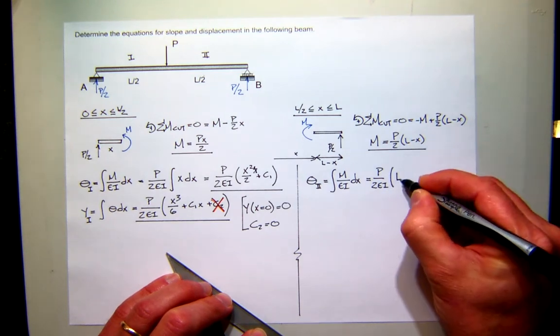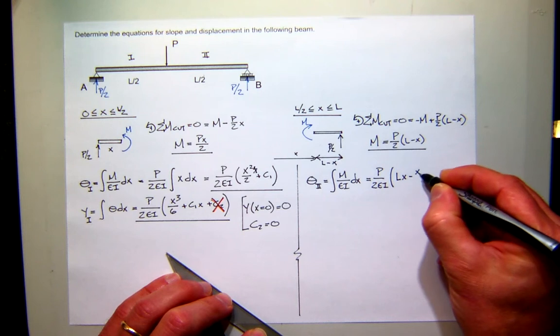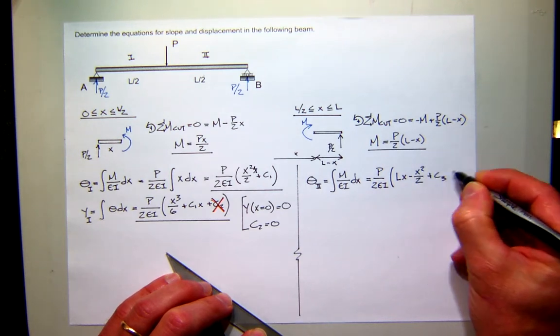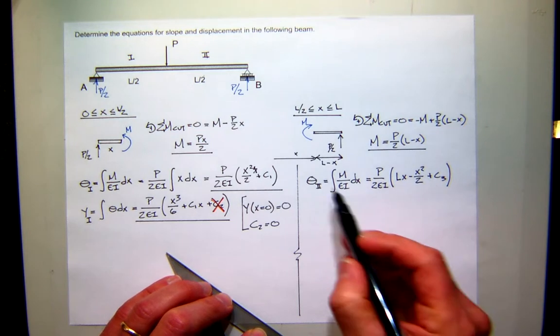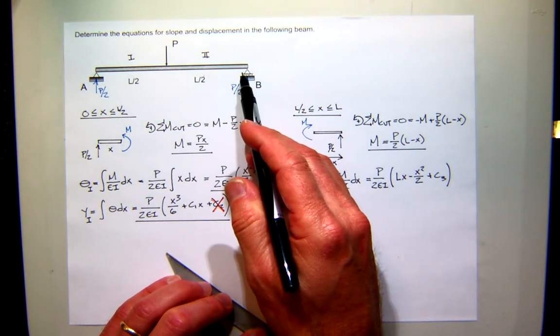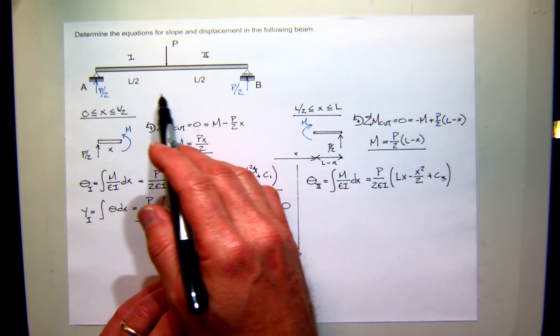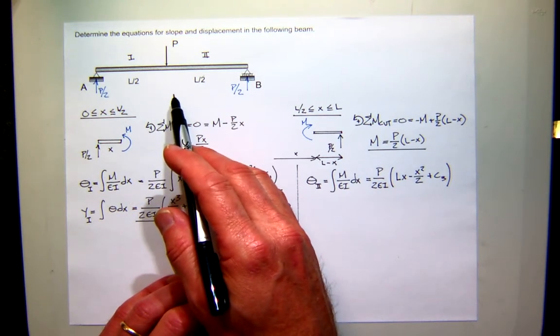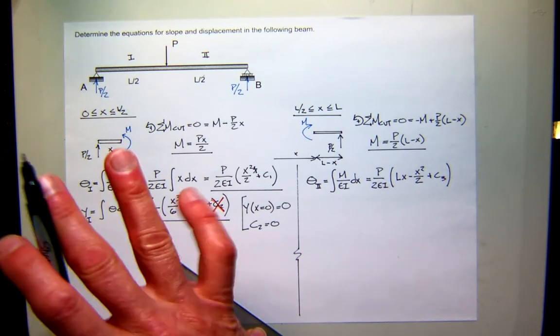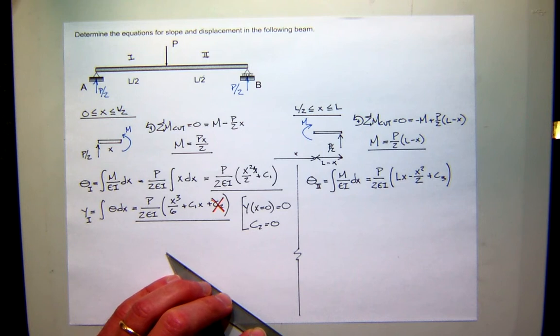So that'll be Lx minus x squared over 2 plus a constant C3. Do I know anything about the slope in the second half? Well, as I mentioned before, we could use the idea that the slope at L over 2 is 0. And that would make this problem slightly easier to solve. But in general, you don't always have that condition. So let's just leave it alone right now and see if we can find it another way.